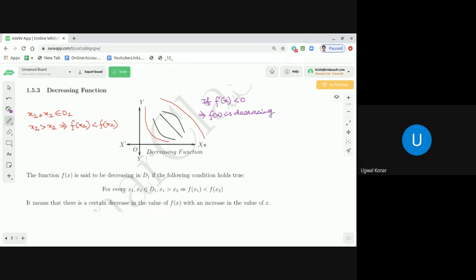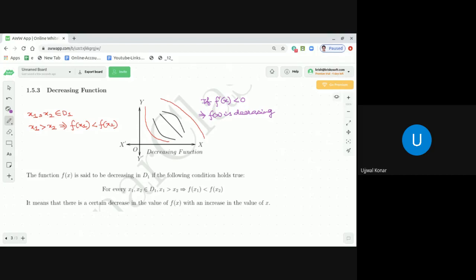There are many examples where the function is decreasing. We will see as time goes by with examples, but the only point is that without having the graph of that function, just by finding the differential coefficient of f(x) with respect to x, if we find that f'(x) is less than 0, then we can absolutely say the function is a decreasing function.